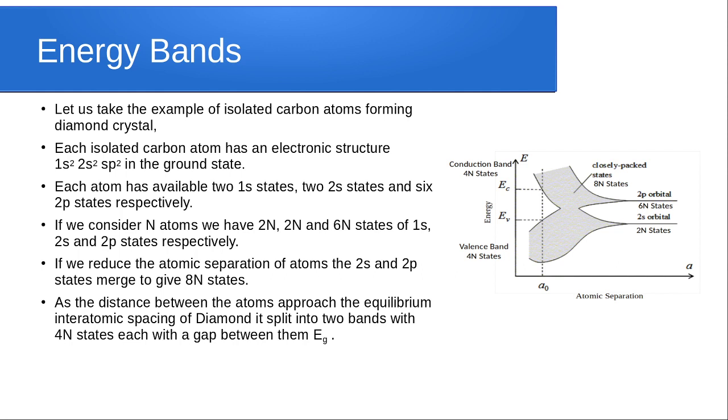As you already know, we had 2n states in the case of 2s and 6n states in the case of 2p. So on merger we will be having 8n states.